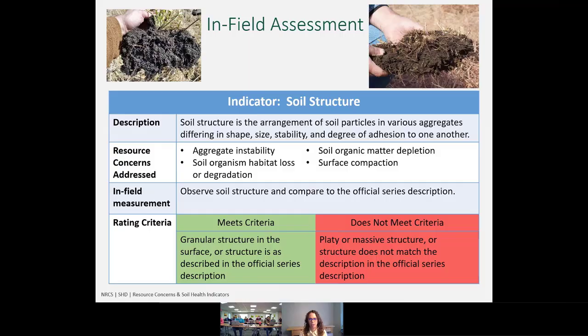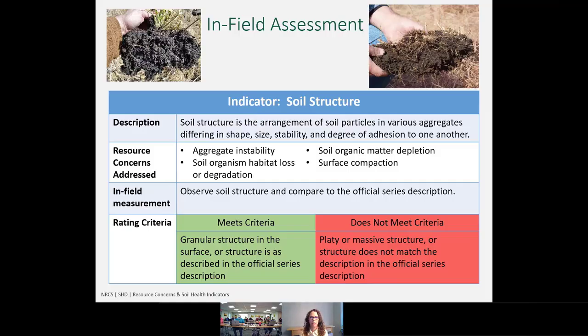When they are managed, the structure can change, and under management conditions, you're really ideally looking for granular structure in the surface horizon, or rather the structure fits what the official series description is. So you can visually observe soil structure as you're digging that hole and you're looking at the upper horizon and comparing that to the official series description.